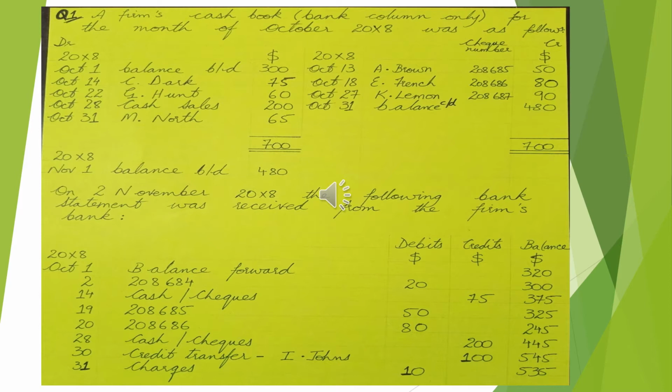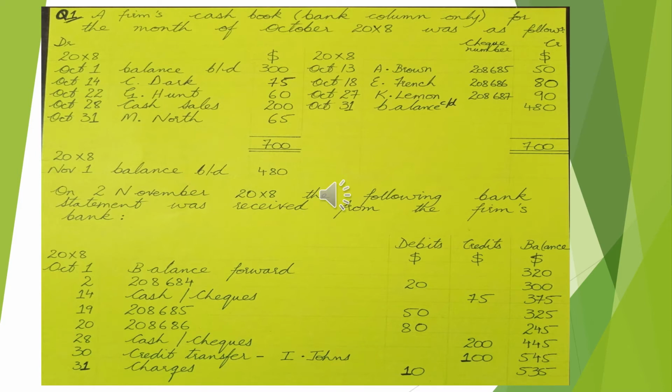In the last class, I already explained that in the bank statement, whatever deposits are being made into our account are shown on the credit side, and whatever payments are being made from our bank account are shown on the debit side.